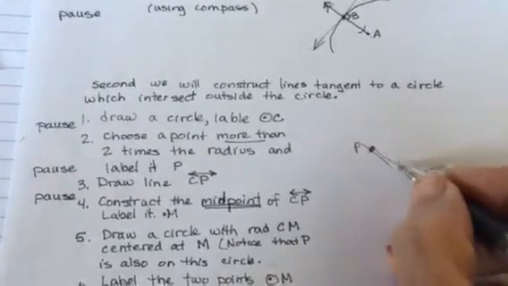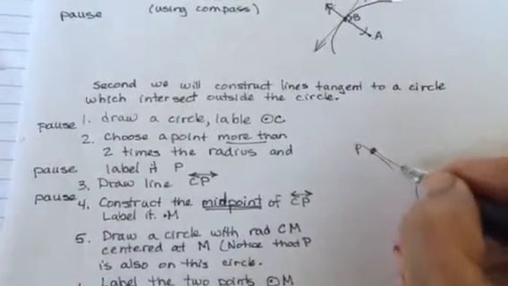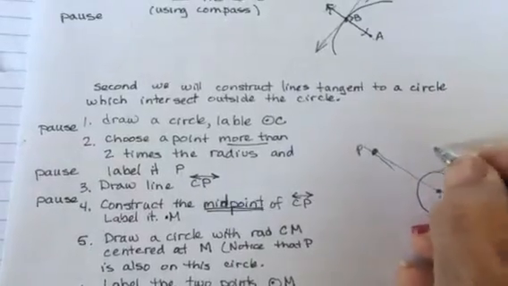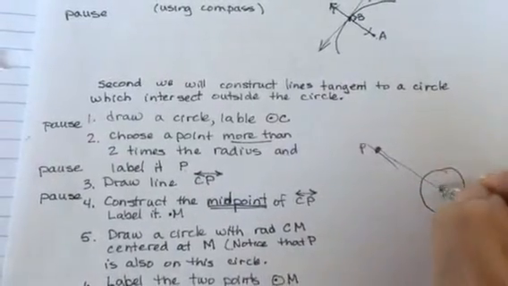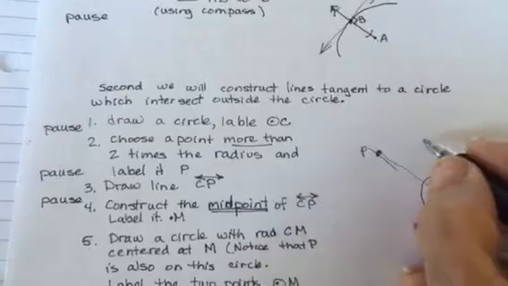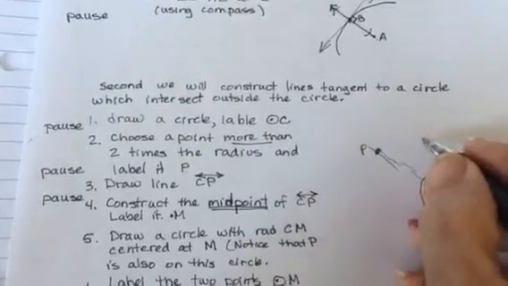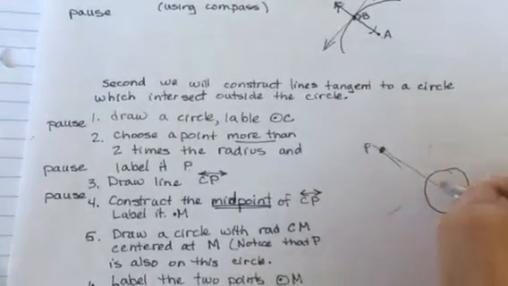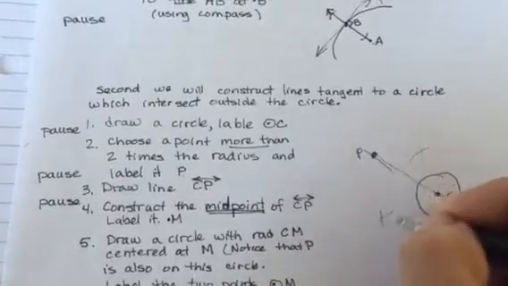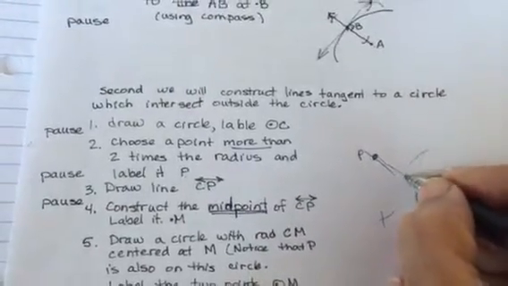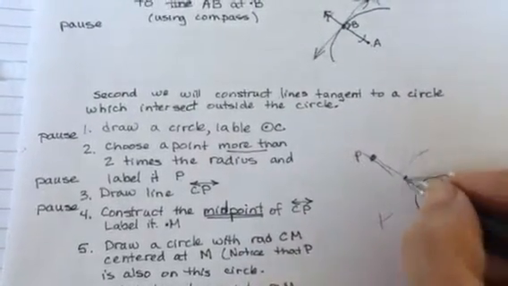So we use our compass, set it for slightly larger than what we see as half. Draw our arc above and below. Again over here, draw our arc with the same compass setting above and below. So that we now have a midpoint that's outside the circle.